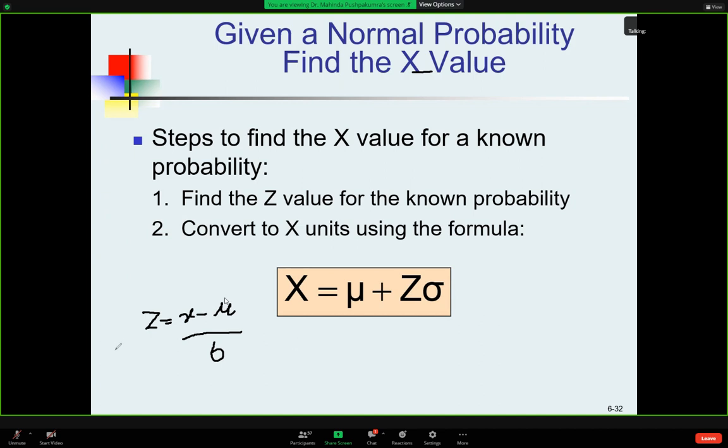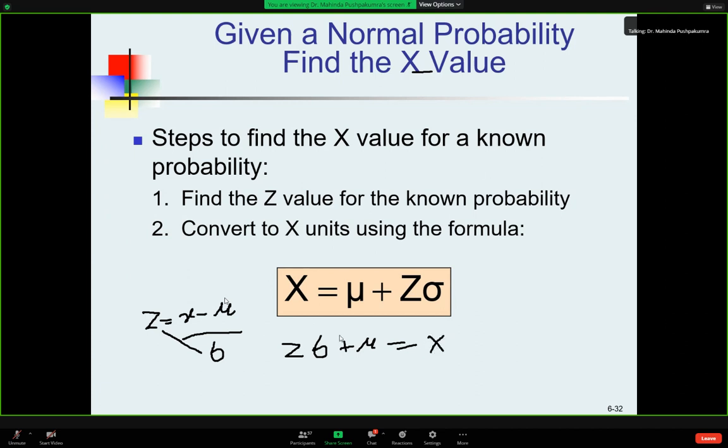In this formula, you can solve for x. If you solve this equation for x by cross multiplication, you get Z times sigma plus mu is equal to x.